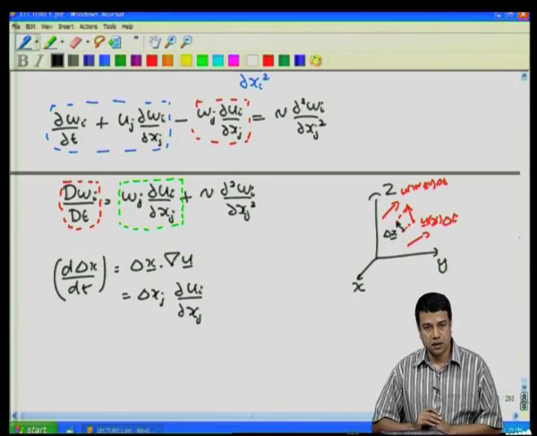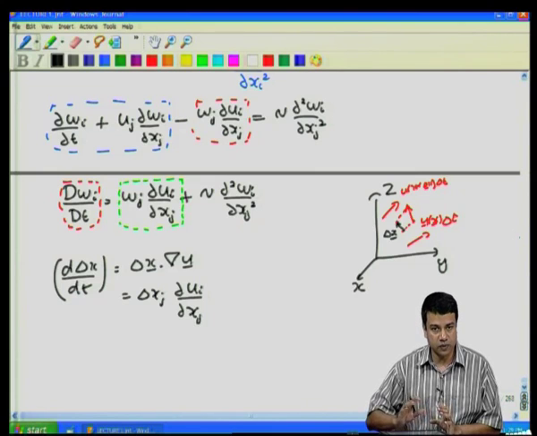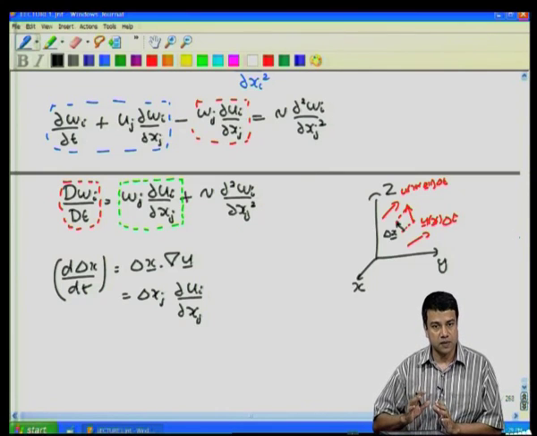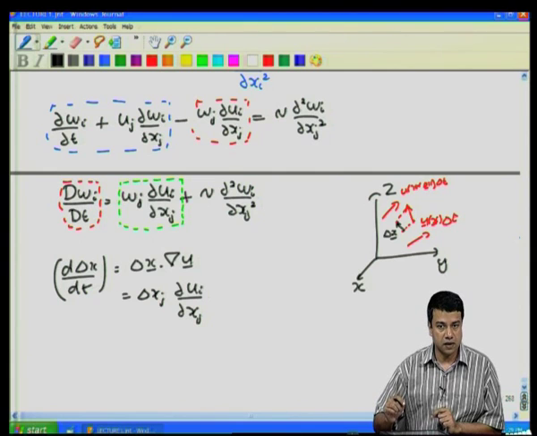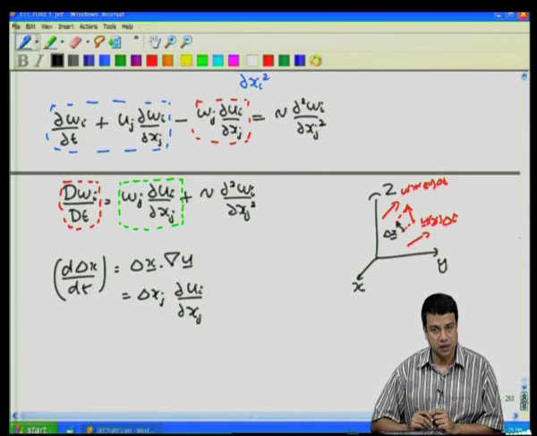This is the rate of change of the material element in a reference frame that is moving with the fluid. As the material element moves with the fluid, one end moves the distance u times delta t, the other end moves the distance u plus delta u times delta t. Therefore, the change in the length of that material element is delta x dotted with partial u by partial x, or the rate of deformation tensor.